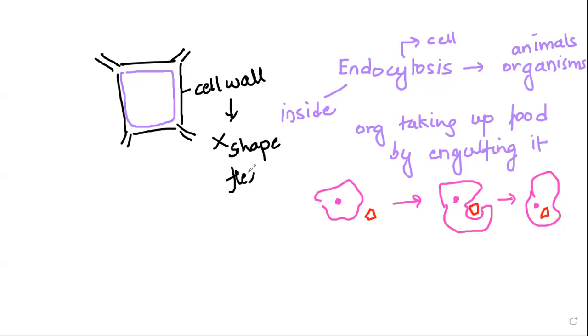Okay, not flexible, right? So because of this, endocytosis cannot occur in plant cells, right? Because it is not going to be able to bend or move or engulf any food particles or form this arrangement, basically this arrangement right here, right? This is not possible, hence endocytosis occurs only in animals. Okay.